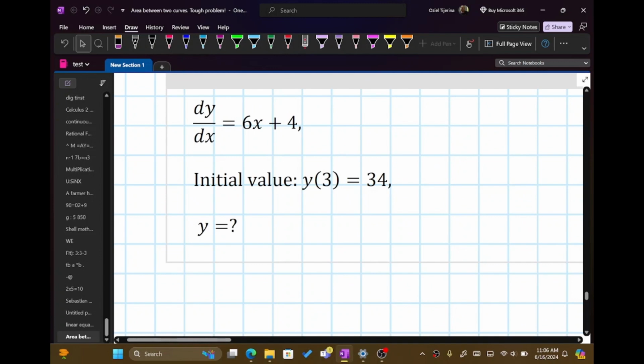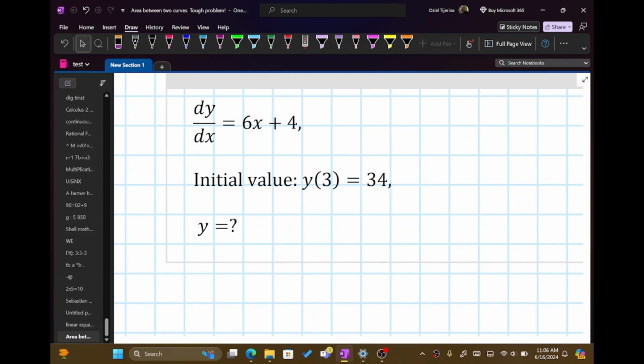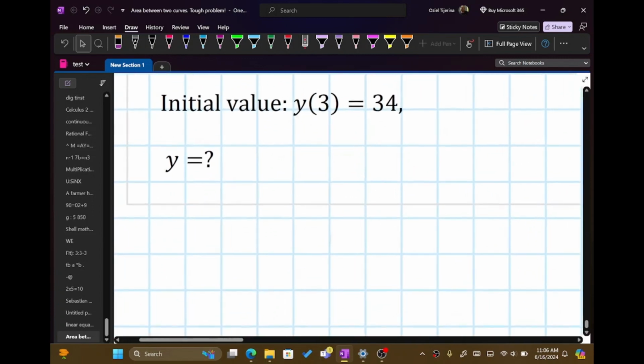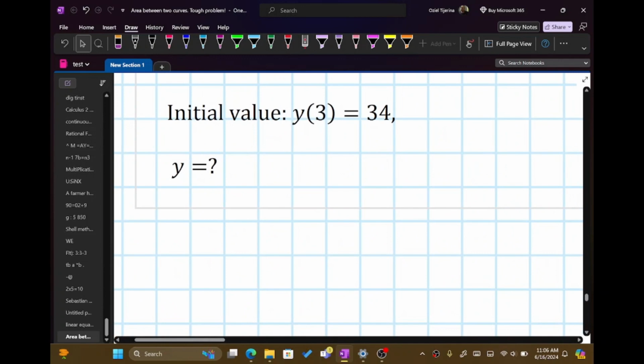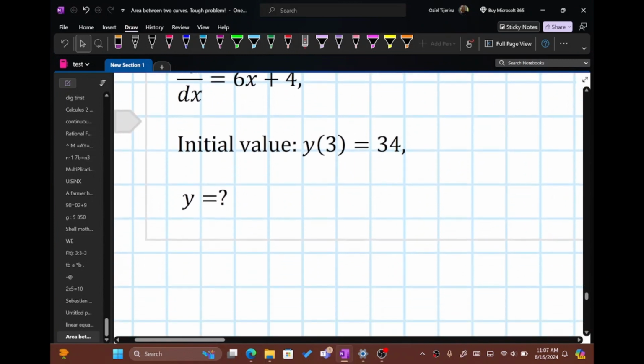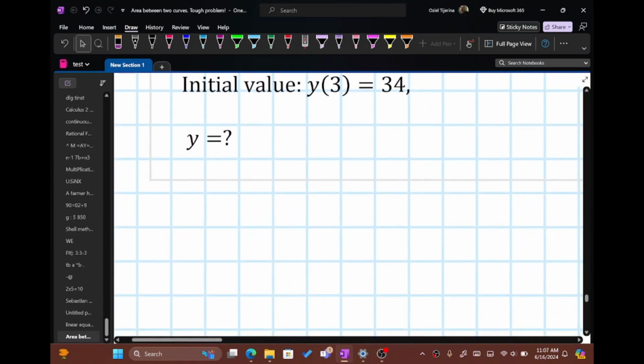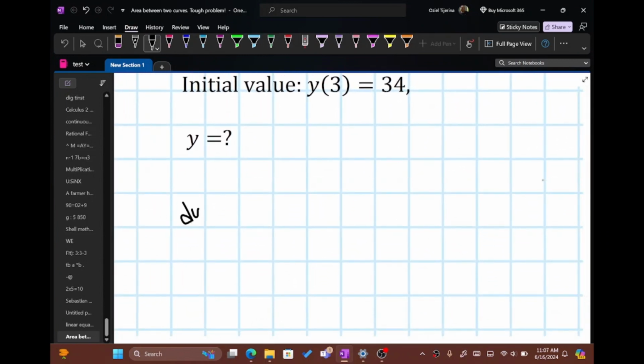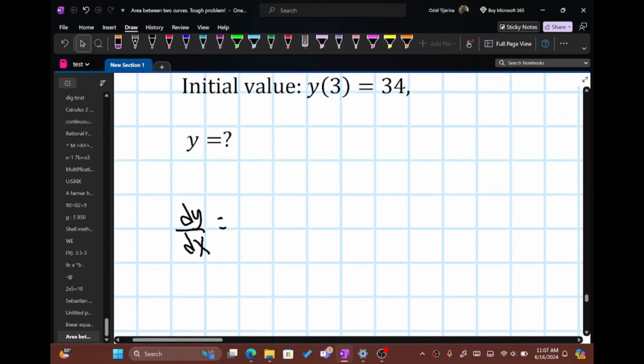So we're given dy/dx equals 6x plus 4, and the initial value is y(3) equals 34, and we want to find the original equation for y. So the way we're going to do this is we're going to first grab dy/dx, and we know it's 6x plus 4.